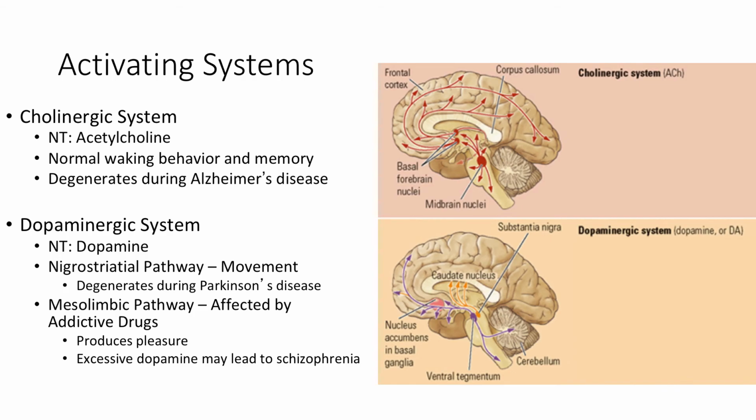The mesolimbic system enhances responses to environmental stimuli and technically makes them more rewarding. Excessive activity here has also been proposed to play a role in schizophrenia, a behavioral disorder whose characteristics are delusions or hallucinations, agitation, and many more.